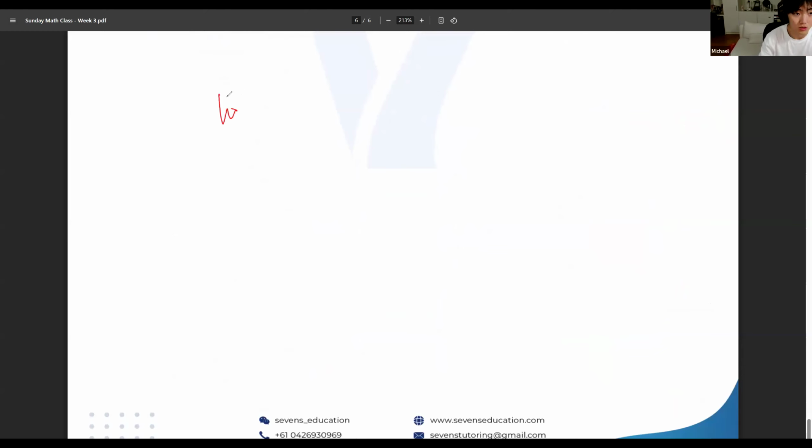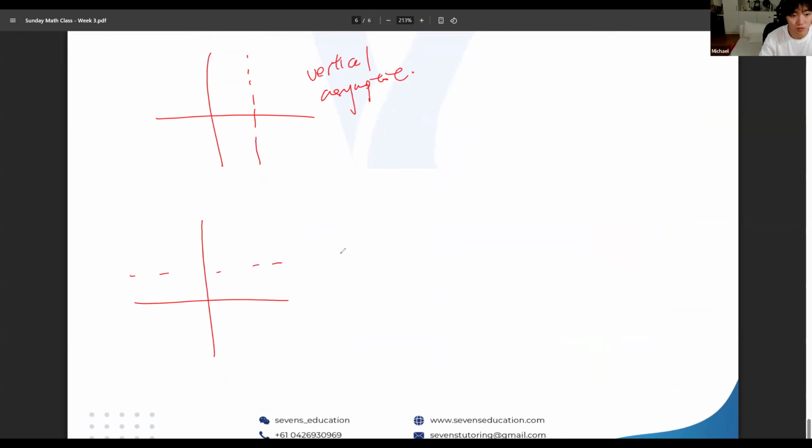All right, let's summarize everything today. The main 2 things we did were horizontal asymptote and vertical asymptote. This is the vertical asymptote, and the horizontal asymptote. For the vertical asymptote, we look at the denominator and solve denominator equals 0.